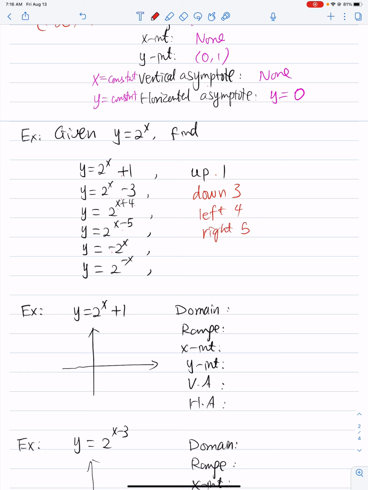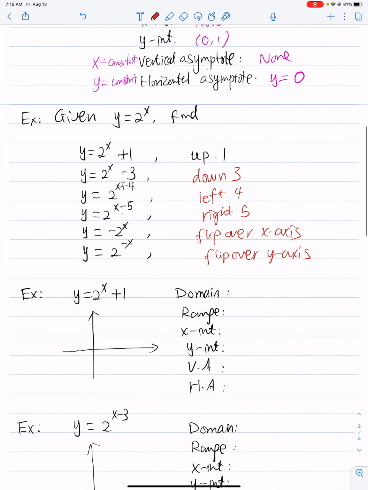Negative outside means flip over the x-axis. Negative only with x is flip over the y-axis. This also happens here. If it is 2 to the -x, with the negative only on the x, it is flipped over the y-axis, so this is symmetric to the y-axis.